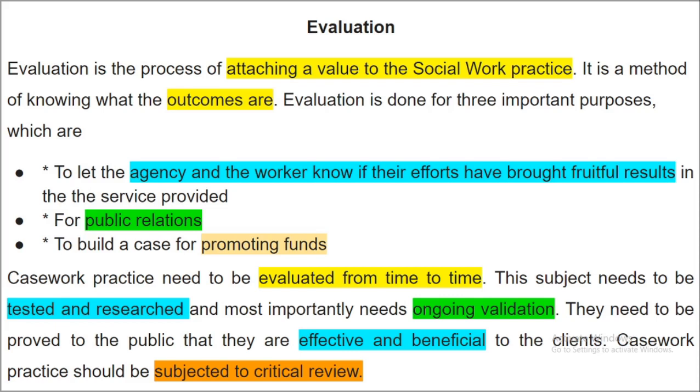Critically means whether it has a positive or negative impact, you have to critically analyze or evaluate the processes.